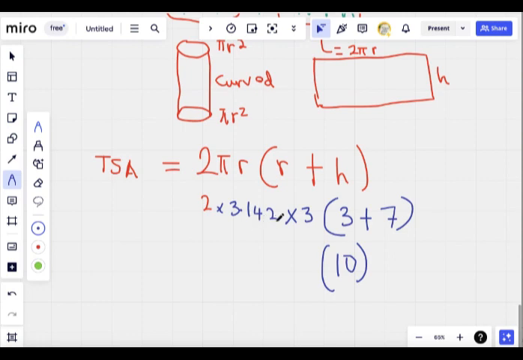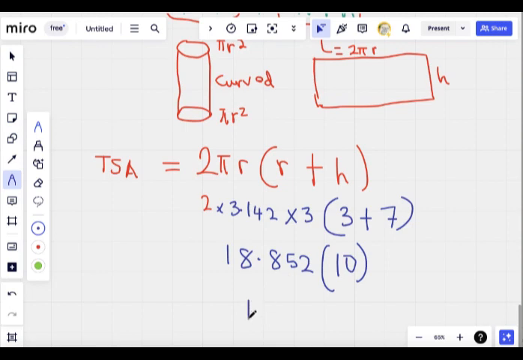So 18.852 multiplied by 10, you will get 188.52, because if you multiply anything by 10, you shift the decimal once.